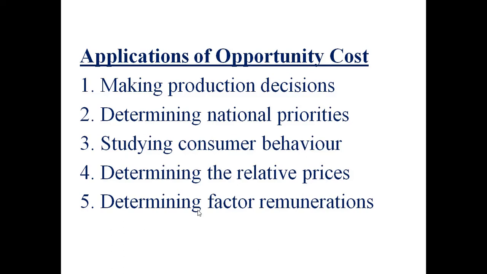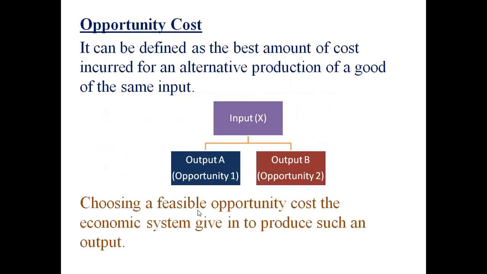So by producing a particular commodity, like here, by producing output A, a certain cost will be incurred, and for output B, a different cost will be incurred. So you have to make a decision whether to produce output A or output B, because the supply of raw material is fixed. Okay, because it is scarce in nature.